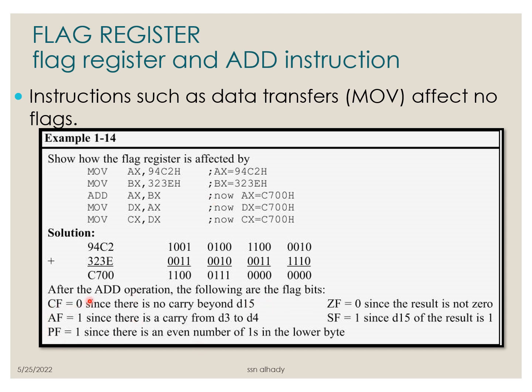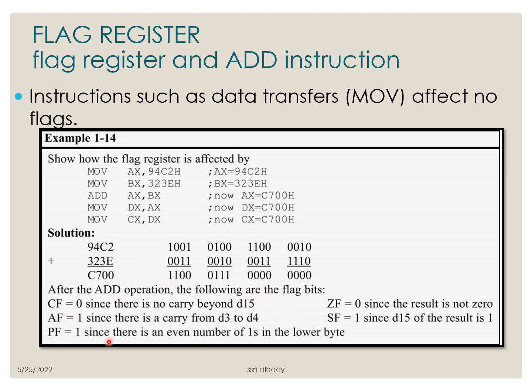Okay. After the add operation, the following are the flag bits. If you look here, you add AX, BX, where the values of AX and BX are in the first two instructions, then you add them. So this is the result. From this result, the carry flag is 0 since there is no carry at D15.